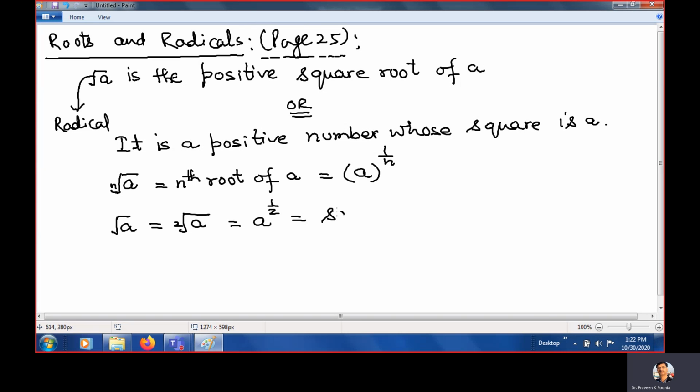And you can say square root of A. Clear? And if we are writing this, it means 3.